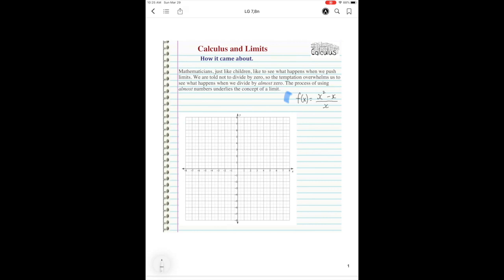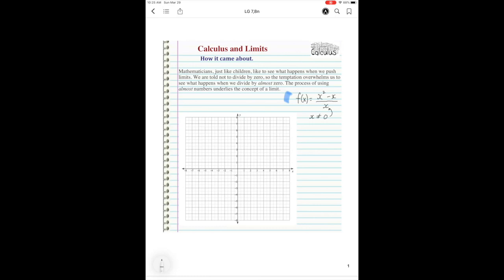To graph this function and to see what a limit is here, we know that x cannot equal 0, because if we have a 0 in the bottom, a number divided by 0 is undefined. So what's going on here with limits?